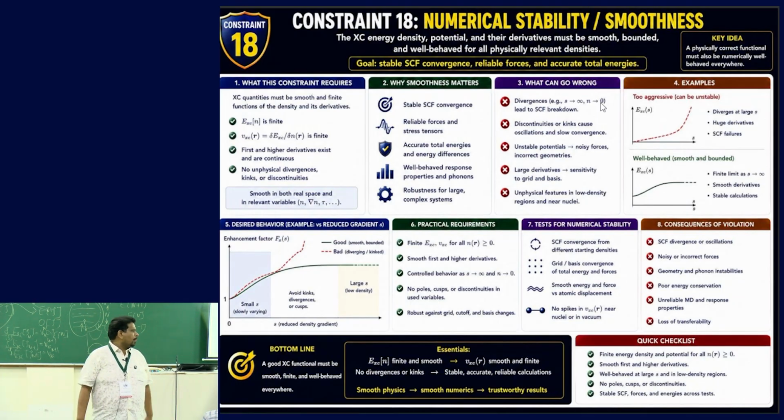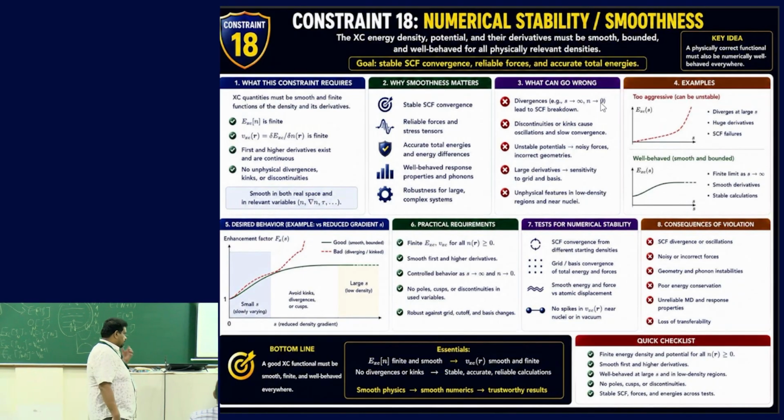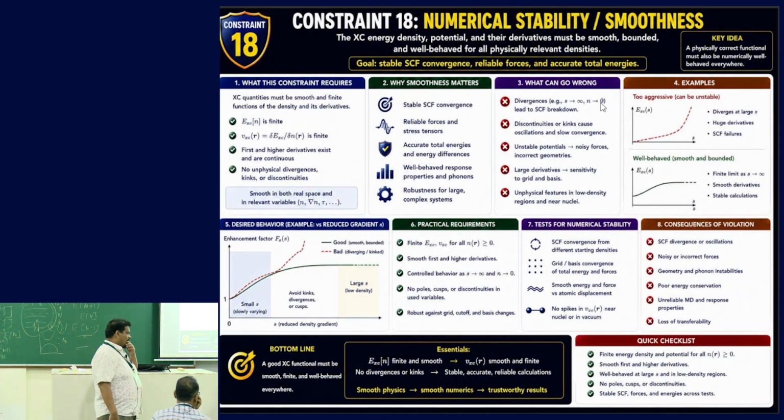When you talk about numerical stability, what do you mean by numerical stability of a functional? When you are applying a functional inside Kohn-Sham, there are several things we are calculating numerically, like the kinetic energy. That is for the self-consistent Kohn-Sham solution where you put this functional. The functional itself has nothing to do with numerical stability.